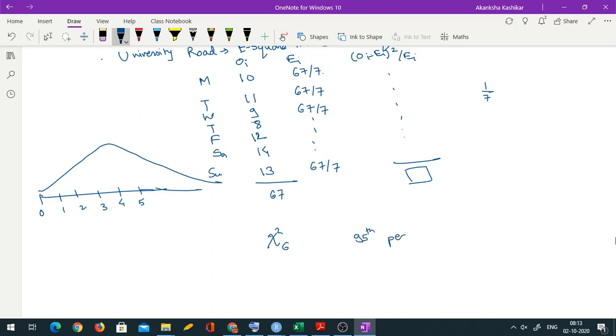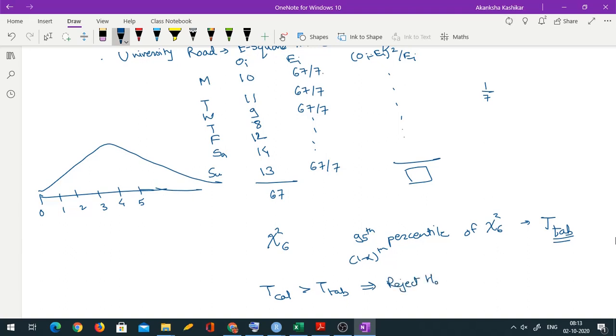I hope you know all this terminology. The 95th or 1 minus alpha-th percentile of chi-square 6. Suppose it turns out to be T tab, that is the tabulated value of the test statistic. And if your observed or calculated value of the test statistic is greater than the tabulated value, you say reject H0.